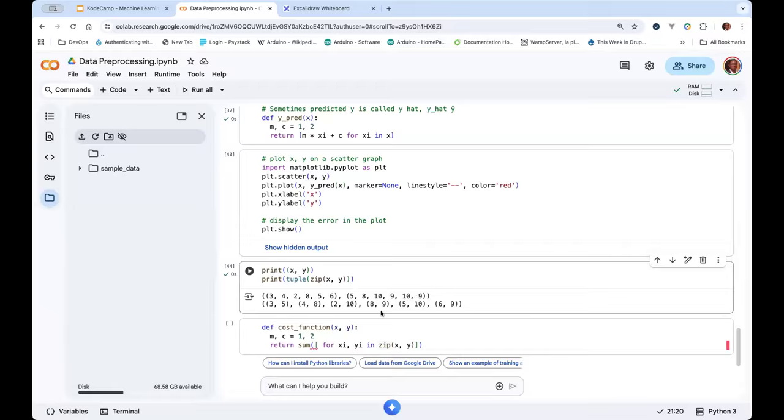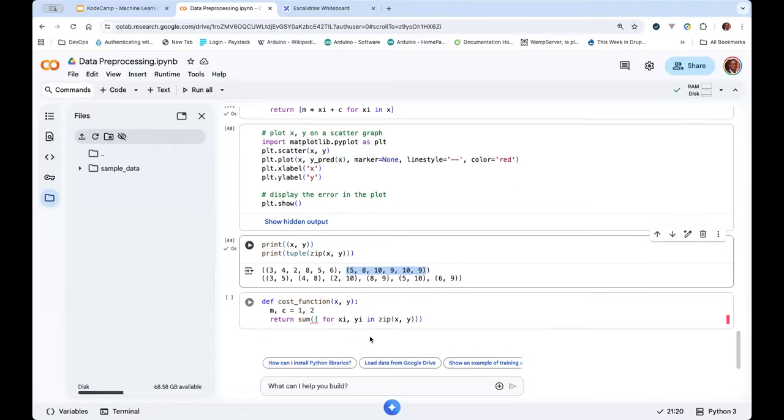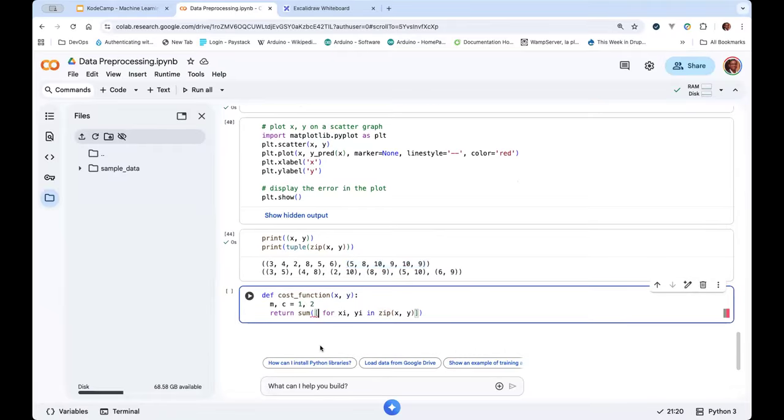Think of it like this: one is one side of your zipper, the other is the other side, and then your zip zips the two of them together. So you now have this. I now have xi and yi. I now calculate the prediction. So I want to calculate the error. Okay, so I can do the error without a cost function.